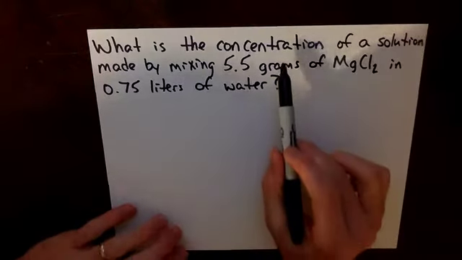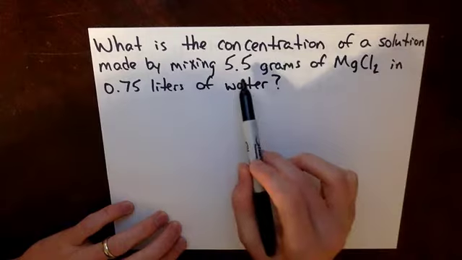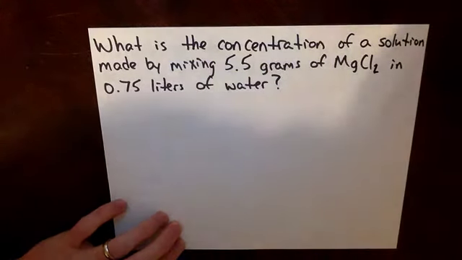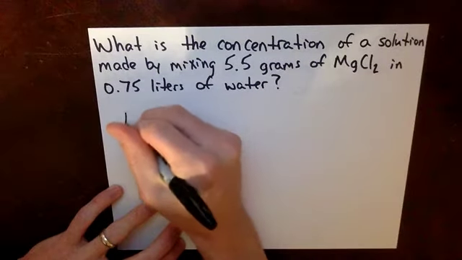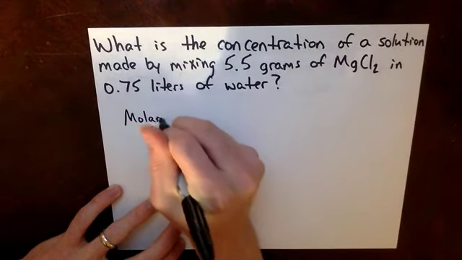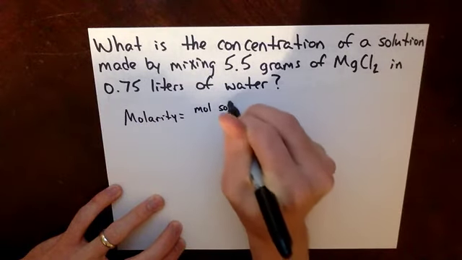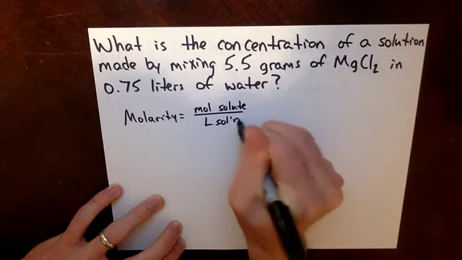What is the concentration, so we're looking for molarity, of a solution made by mixing 5.5 grams of MgCl2 in 0.75 liters of water? So once again, molarity is equal to your moles of solute divided by your liters of solution.